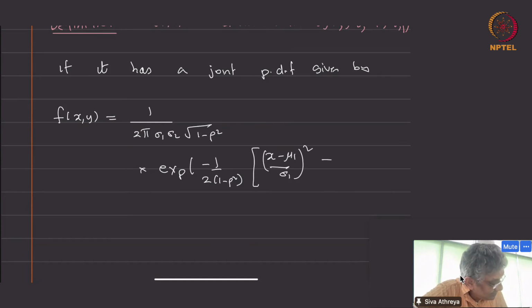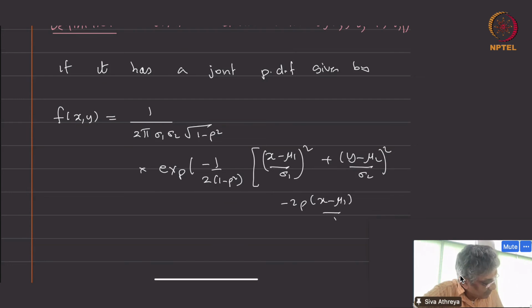And the next term is how Y behaves, that's Y minus mu2 divided by sigma 2 squared, plus you'll have the cross terms, so that will be minus 2 rho into X minus mu1 by sigma 1 into Y minus mu2 by sigma 2. So that's how the joint density will look.